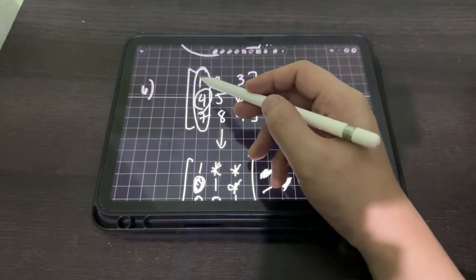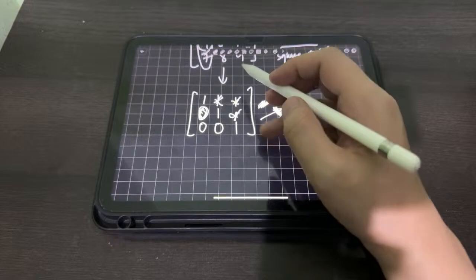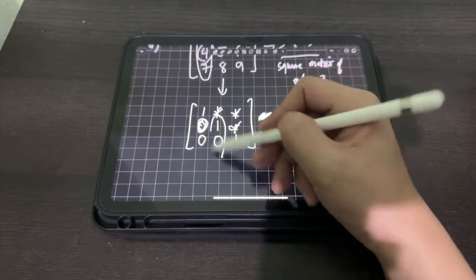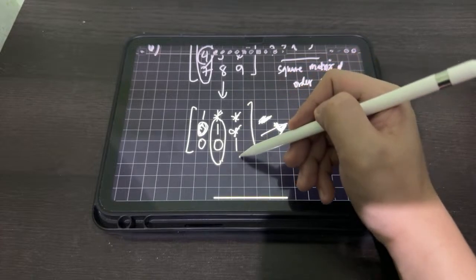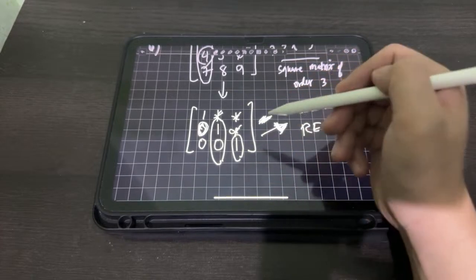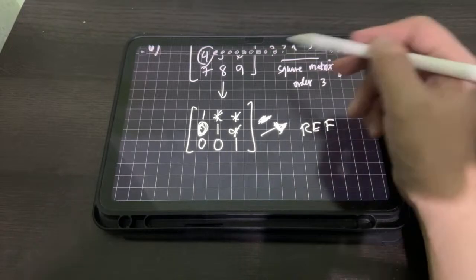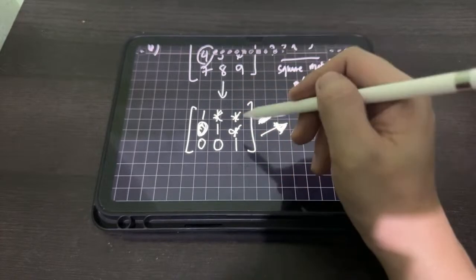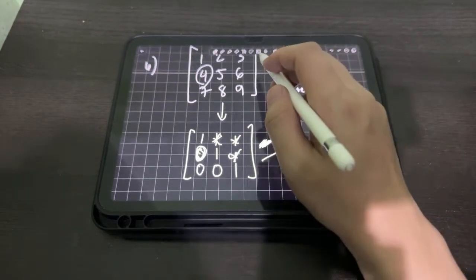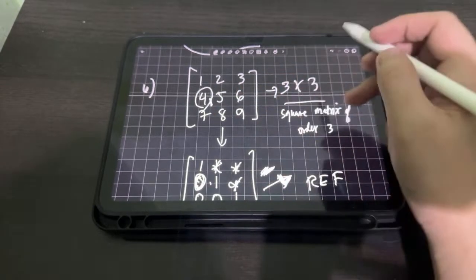We make this 1, 0, 0, and then on the second column, we make 1, 0. And on the third column, we make 1. It depends on the size. So we always start in the first column, then the second column, and then the third column.